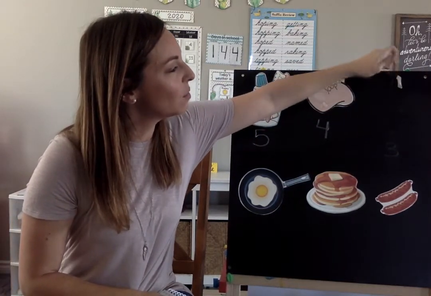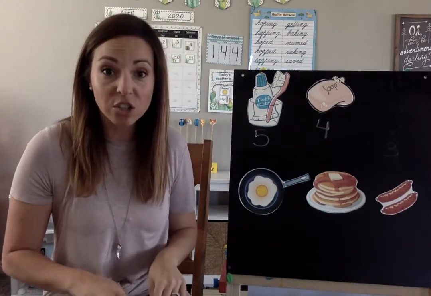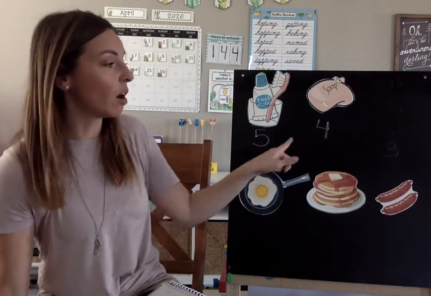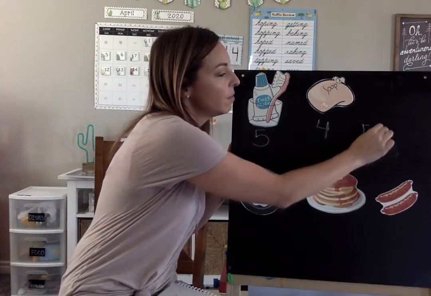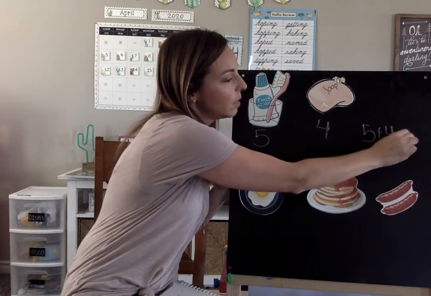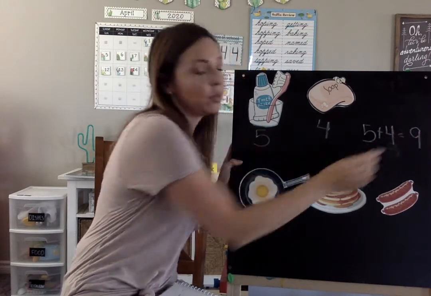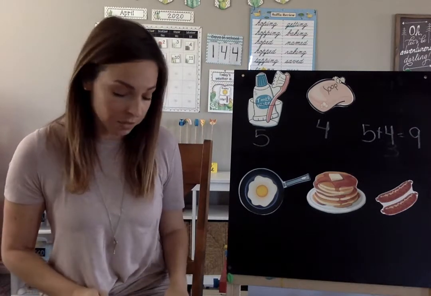They want to know how much time she spent brushing her teeth and washing her face. So our combination is going to say 5 plus 4 equals 9. We didn't need to know how many minutes Tanya spent praying for that one.